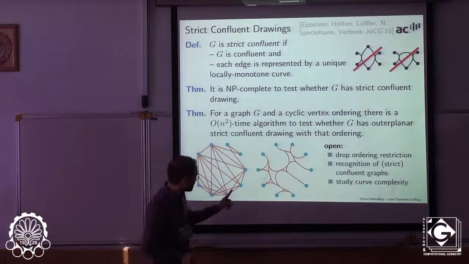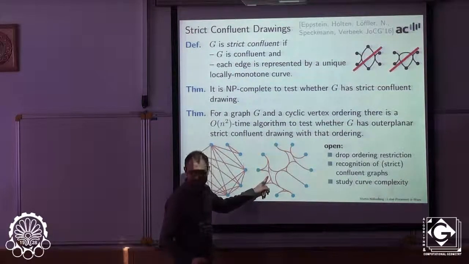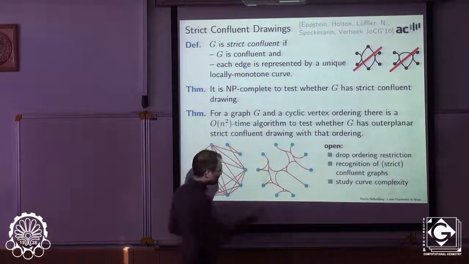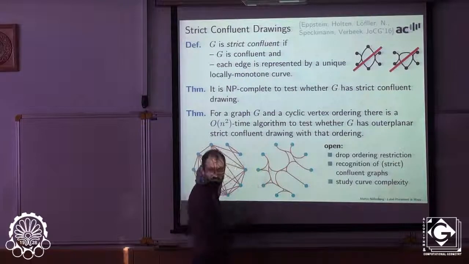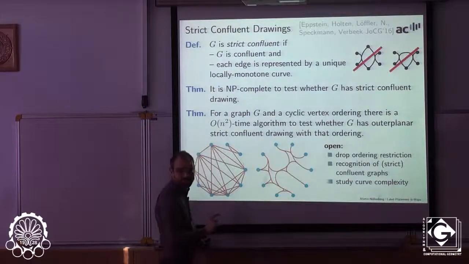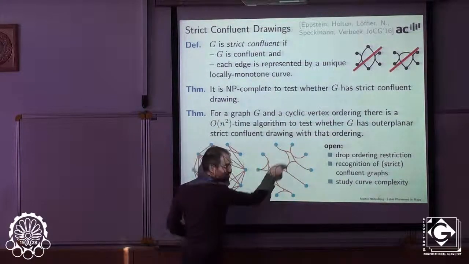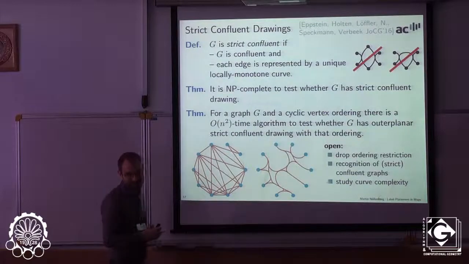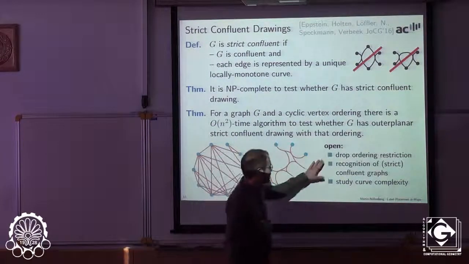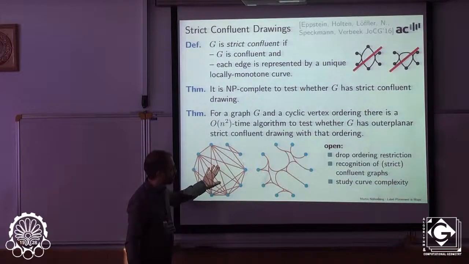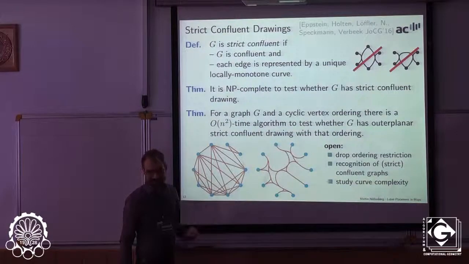What has been studied is, I think, the curve complexity of this model. And I think here you could show that every circular arc going from either junction to junction or vertex to junction can be drawn consisting of two consecutive circular arcs. But of course, if you pass through many junctions, your connecting path has many junctions. So what would be open here is what happens with these kind of graphs, so outer confluent, if you drop the ordering restriction.